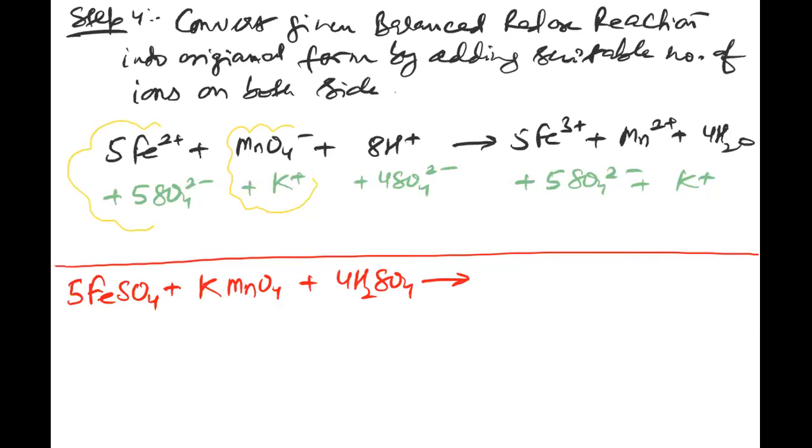Then you have to add 4 sulfate ions on the other side also. So now the reaction may be written as 5/2 Fe2(SO4)3, corresponding to 5 Fe3+.